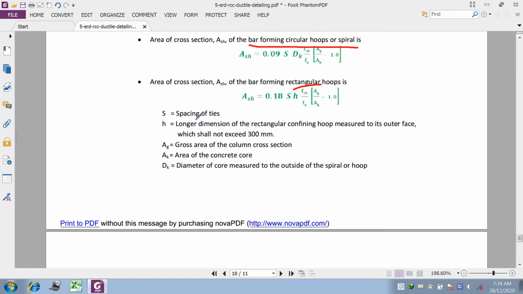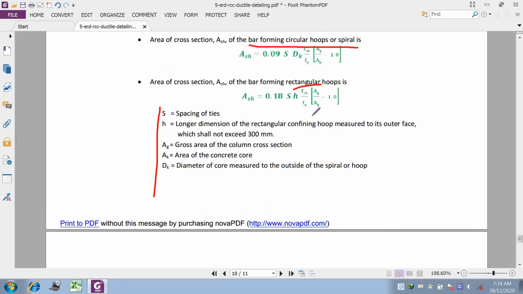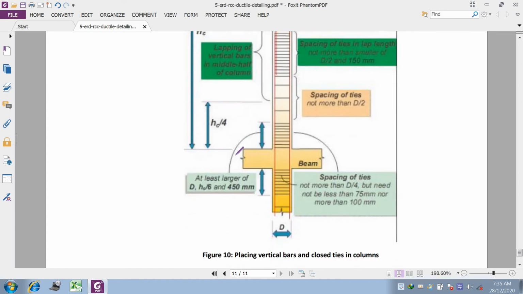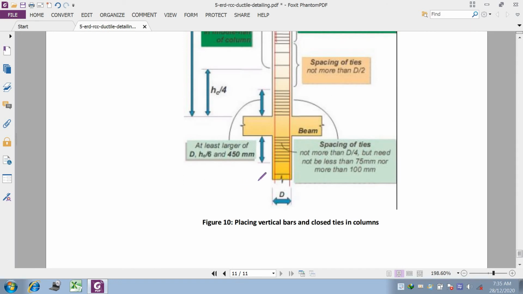So these are some of the notations of the formulas. Then this is a typical arrangement, you can see that. At the bottom, the length should be at least HC by 6 or 450 mm. This is the height criteria. This is the beam.